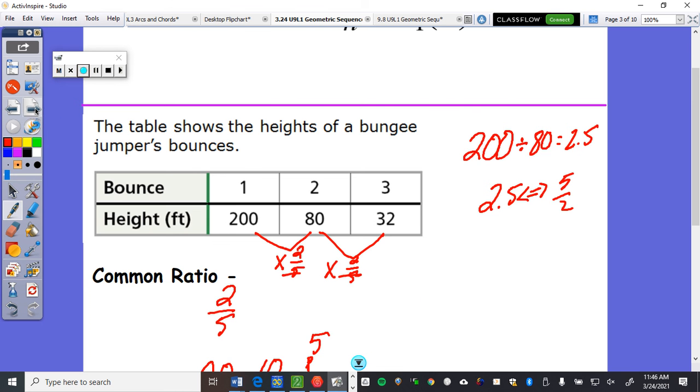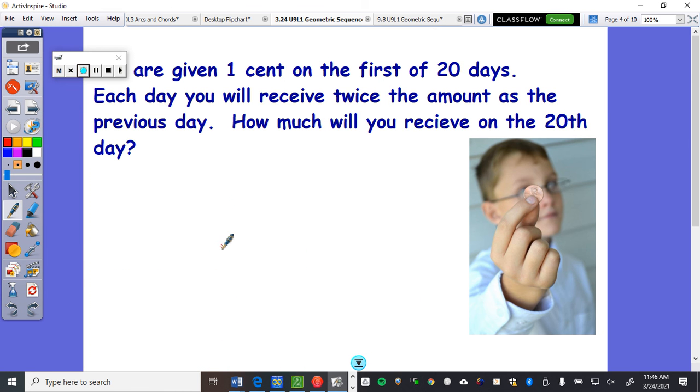So let's look over here. You're given a penny, 1 cent, on the first of 20 days. Each day, you're going to receive twice the amount as the previous day. How many pennies will you have on the 20th day? Well, let's look. On the first day, we have 1 penny.